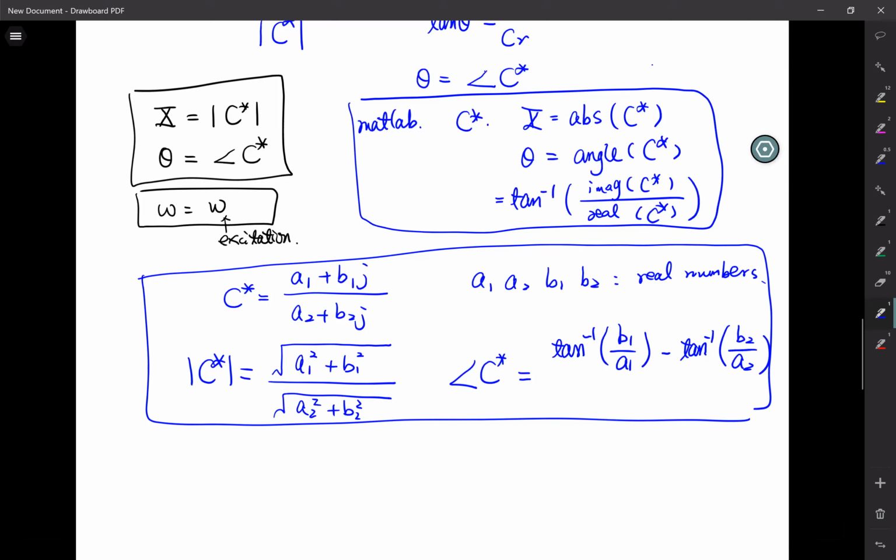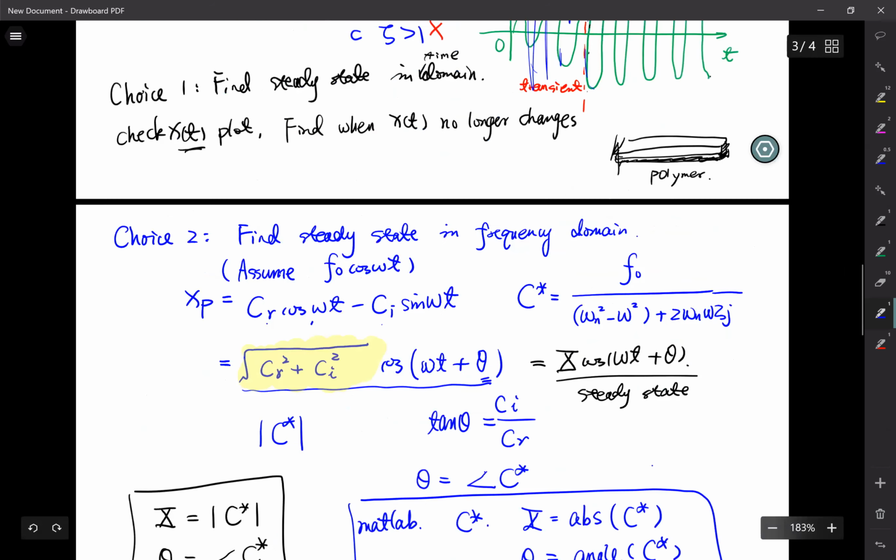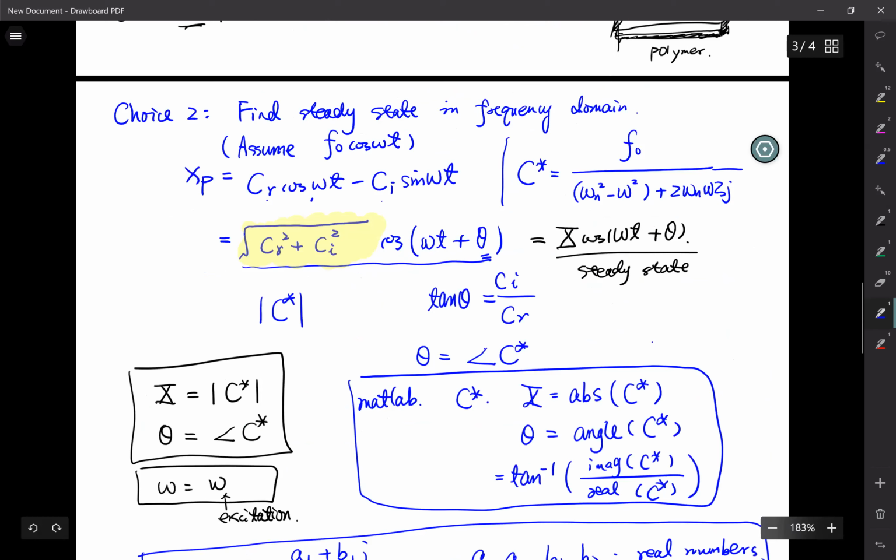So that's how we find steady state. Eventually your steady state is related to a complex number C. And then let's go back to this C, where the C is. Your C is something like this. Your C depends on your damping coefficient and your omega n, that's your system parameter. It also depends on omega, like how you excite your system, and it depends on the magnitude of your force, F naught.